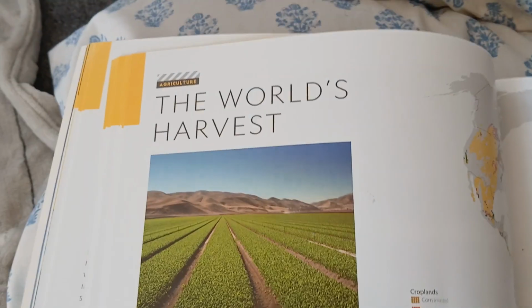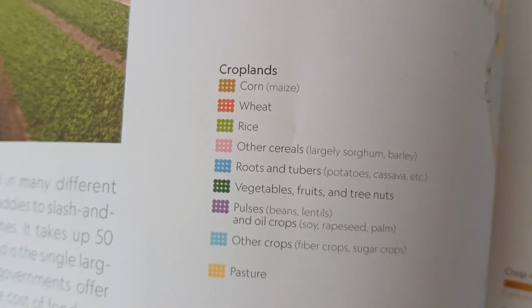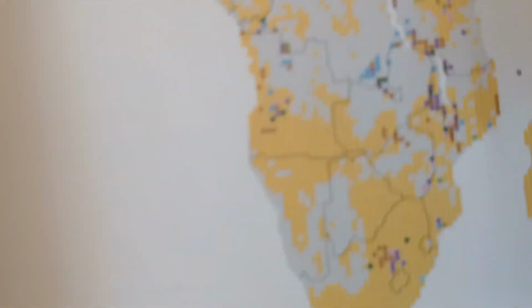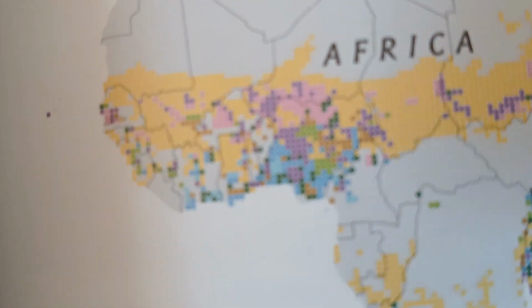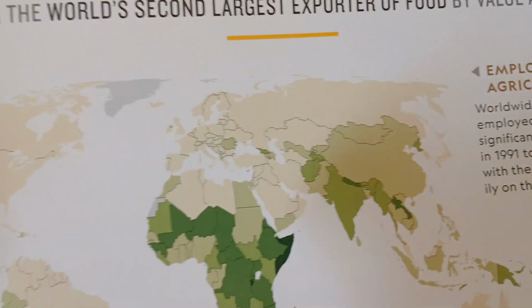So here is harvesting. You can pause the video here. This is all the world where they grow crops. Employment in agriculture.